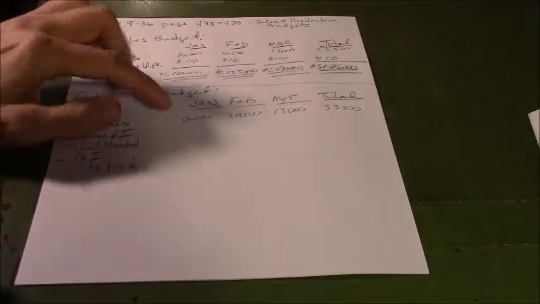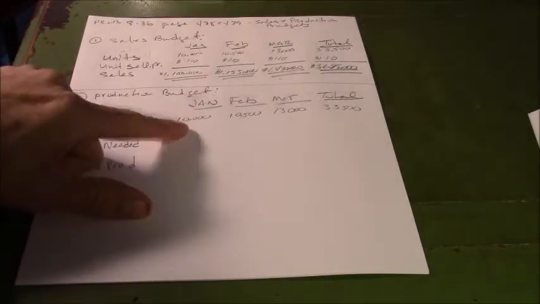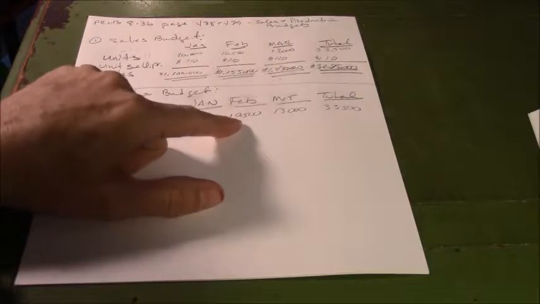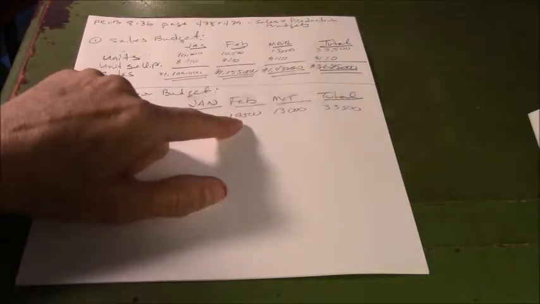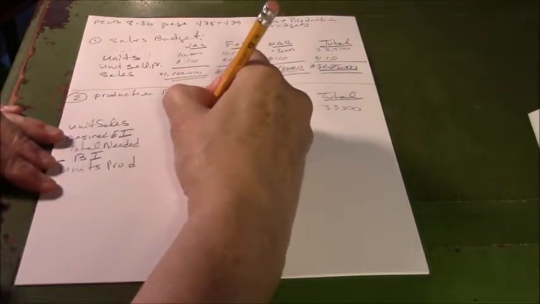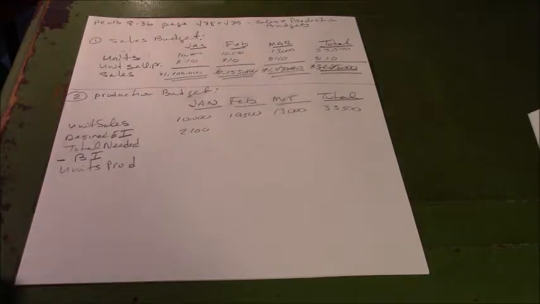So the desired ending inventory in January is going to be 20% of 10,500. 10,500 times 0.2 is equal to 2,100. So we need to have 2,100 in our warehouse to cover us in the month of January.